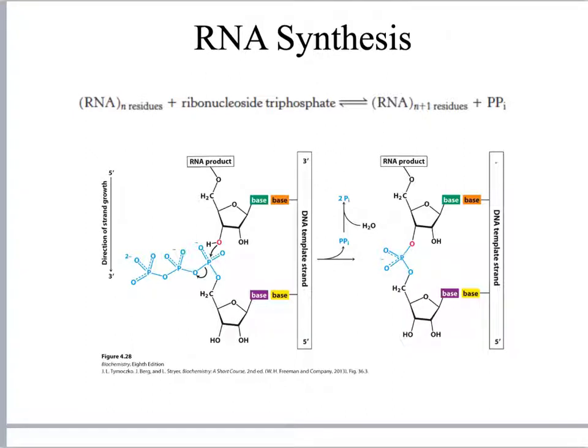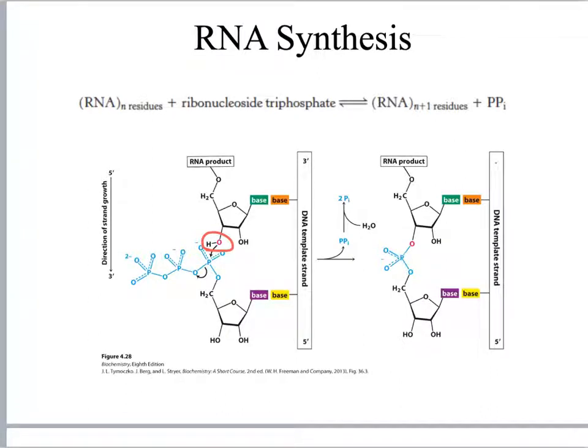With RNA synthesis, much like DNA synthesis, you have 5' to 3' synthesis. You're required to have a free 3' hydroxyl group, like we did with DNA. That 3' hydroxyl undergoes nucleophilic attack on the phosphorus of the incoming ribonucleoside triphosphate, and then you add to the growing strand.